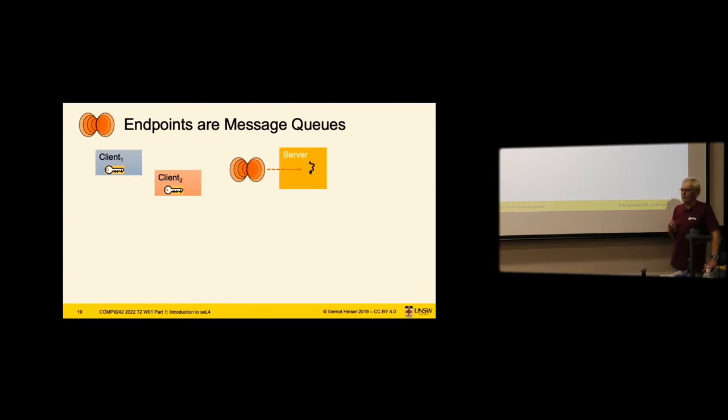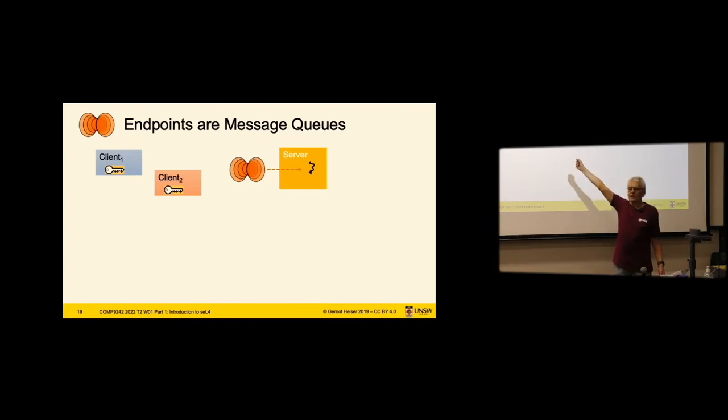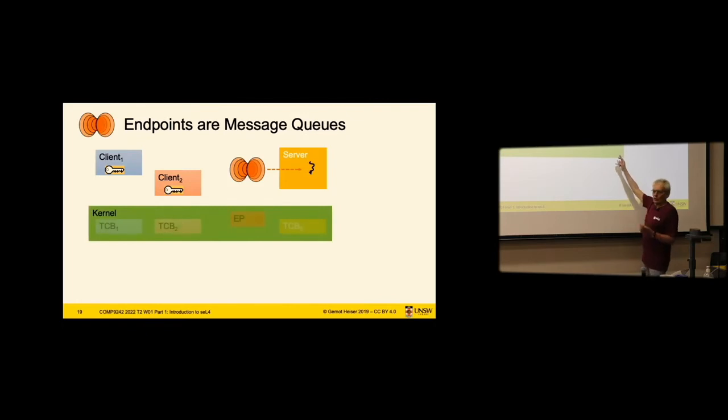In well-defined systems, it depends a bit, so let's look at a specific case. We have a server here with multiple clients. The server has this request endpoint, and then there are different clients trying to obtain a service from the server. In the kernel, these are represented by kernel objects, each of which is controlled by a capability, right?